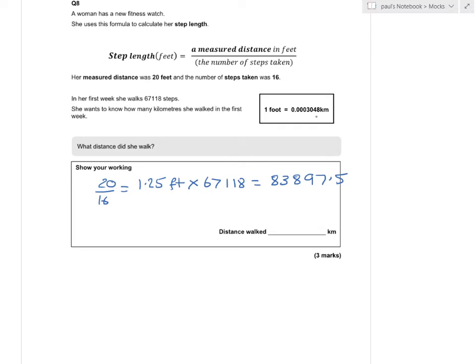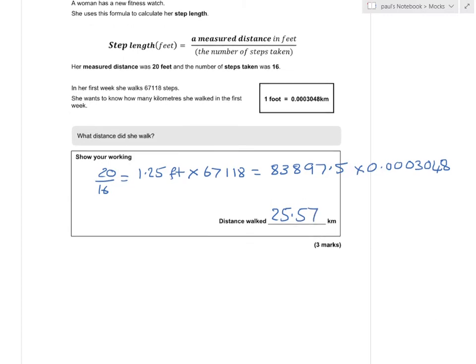Now to convert that to kilometers, 1 foot is that, so that times 0.000348. That should be the number of kilometers, which is 25.57 kilometers.